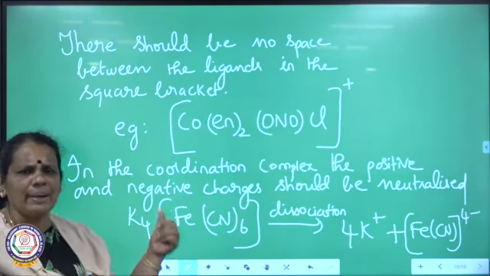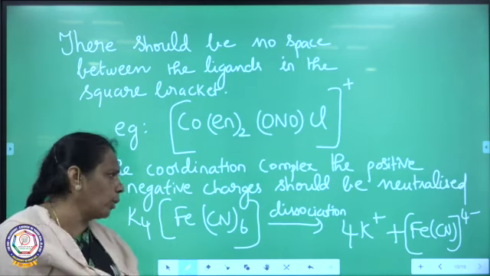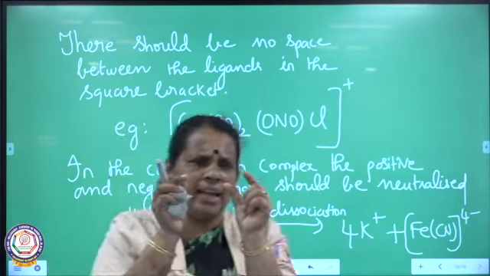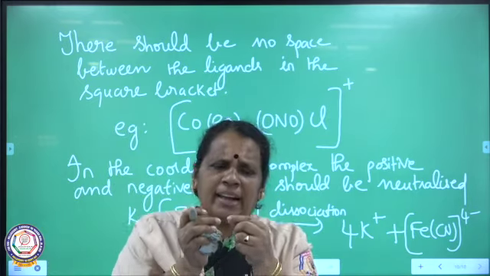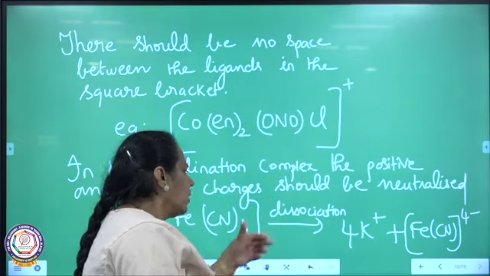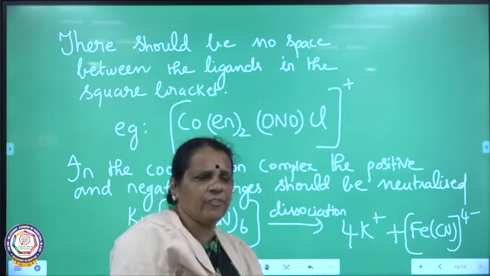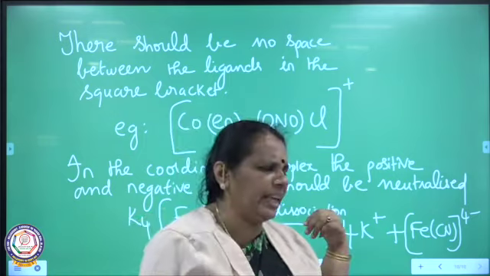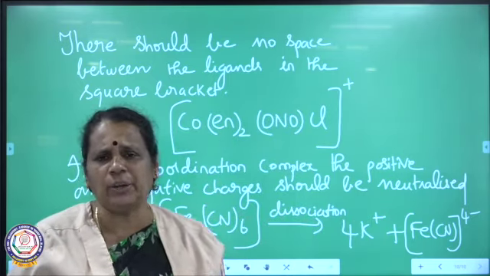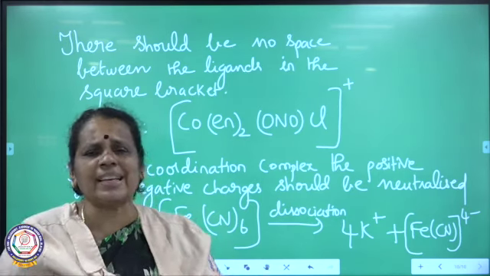There is a central metal ion which is surrounded by 6 cyanide ligands. Always this central metal ion and the ligands will be together. They cannot be separated individually. So this [Fe(CN)6], when it undergoes dissociation, gives [Fe(CN)6] 4-. You see the positive and negative charges: there are 4 positive and 4 negative charges. So the charges are neutralized here.